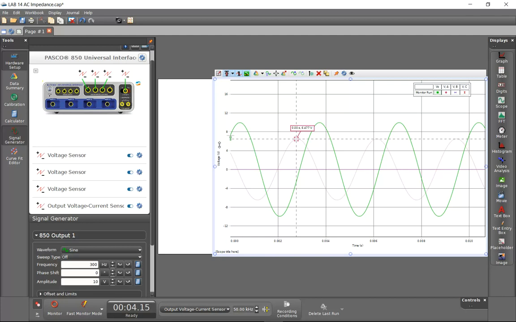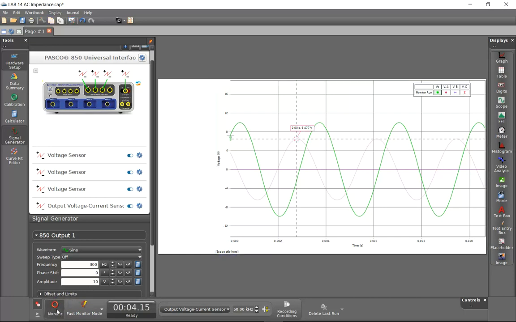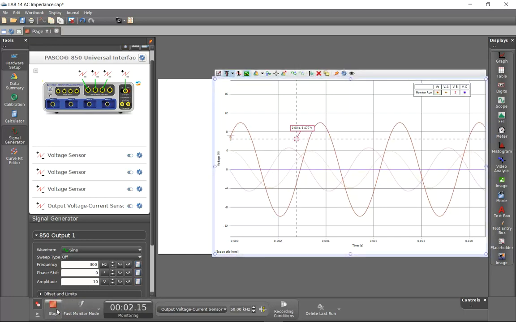Come on, you're stuck together now. Well, that's fine. The voltage across the inductor with the second one and the voltage across the capacitor with the third one. Now, like I said, this isn't going to give us actually good results. It will look good, but it won't be right.